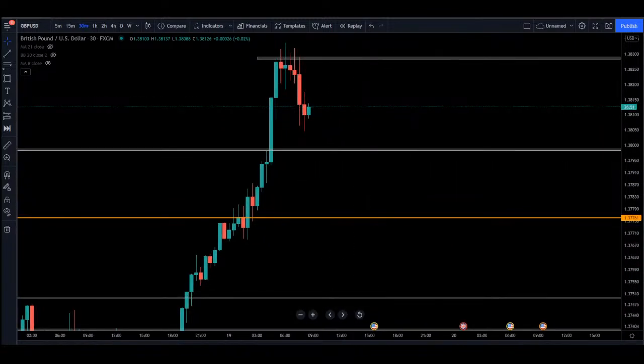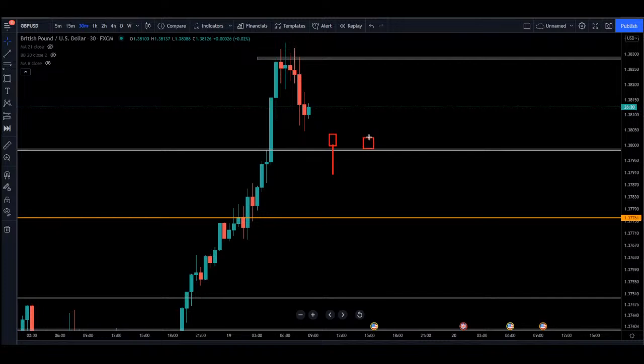Now, what I'm going to be waiting for is a candlestick pattern that looks like this, right? I think that would be nicer if it's green. Or something like this. Let me show you guys another very profitable candlestick pattern.